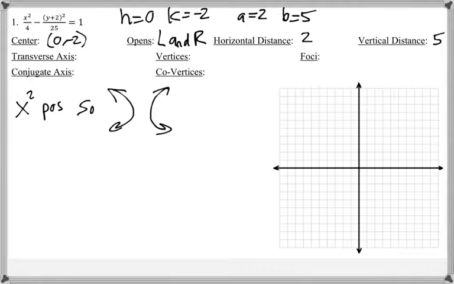So my center is going to be right here, and my horizontal distance is 2, so here and here, and my vertical distance is 5. So it's going to be here and here. I'm going to use this to draw a box, and that box is going to help me draw my hyperbola.